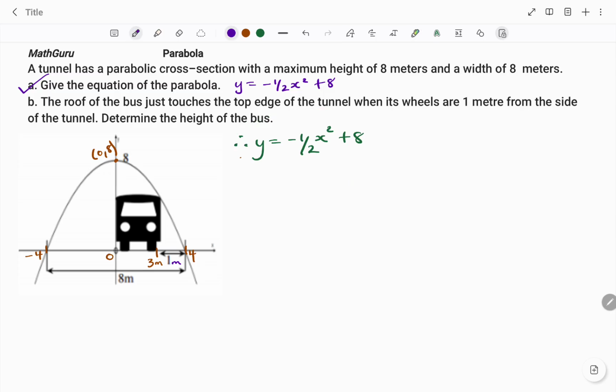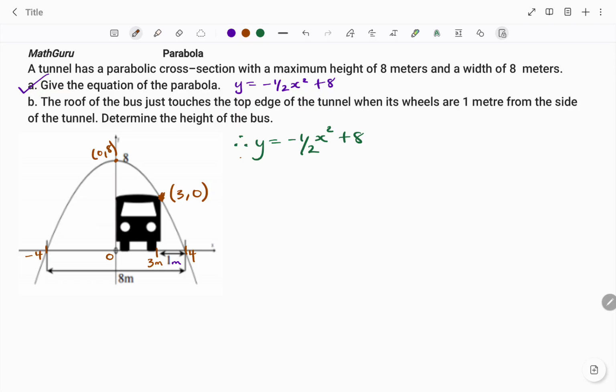So therefore, I'm going to put the point 3 and 0, because if you look at the same point for the bus, we have that coordinates to be 3 for x and 0, because we don't know the height of the bus. Once we can get the coordinates of the points shown, then we will be able to find the height of the bus, which will be the value on the y-axis.